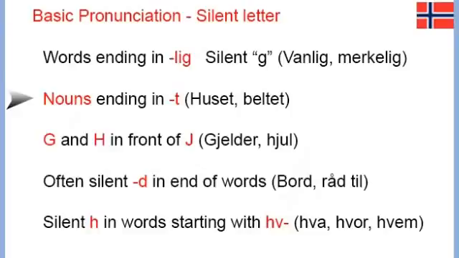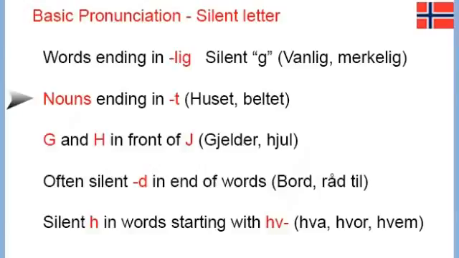The next silent letter is the letter T in definite nouns, which we will cover in the next video. Norwegian has three genders: male, female, and neutral. In the definite form, you add an ending to the nouns, and when it is a neutral noun in the definite form, you add the T and the T gets silent.